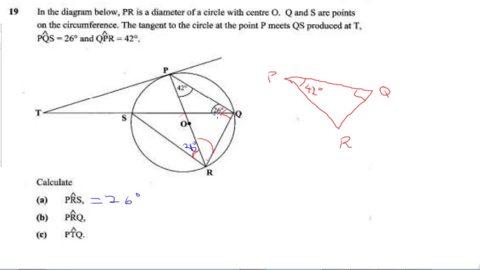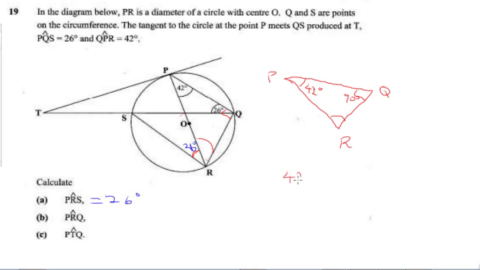If we have 90 degrees there and we have 26 there, we can find the remaining part of it. And actually, we don't even have to find the remaining part of it. Since we're looking for PRQ, we are going straight to finding PRQ. So we've got a triangle with 90 degrees, and then we've got 42 degrees, and we're asked to find this angle there. Angles in a triangle add up to 180 degrees.